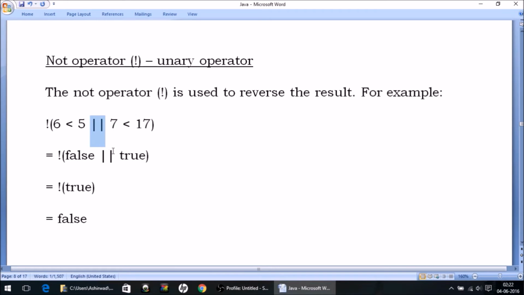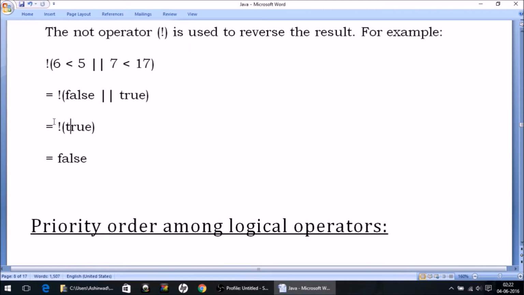The OR operator comes as it is. 7 less than 17, it is true. So we are getting false or true. Since it is the OR operator and one of the statements is true, the ultimate result is going to be true. So we have written true, and we have kept the NOT operator as it is.